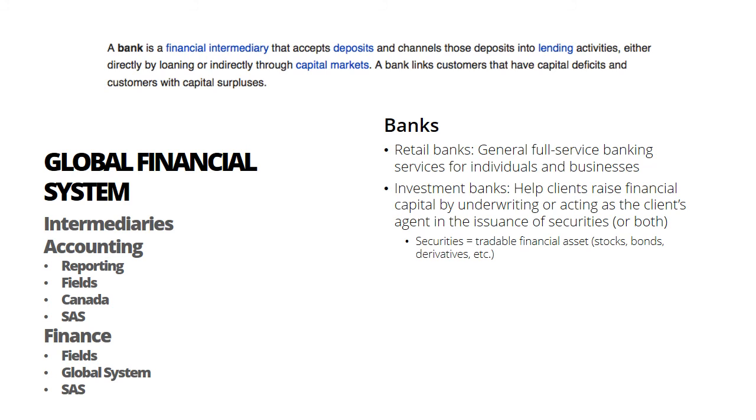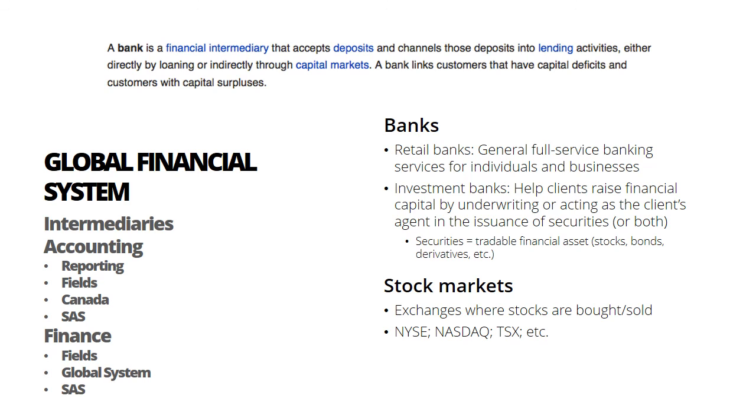Stock markets are yet another important component of the global financial system, represented by exchanges where stocks are bought and sold. Exchanges include such actors as the New York Stock Exchange or the Toronto Stock Exchange.